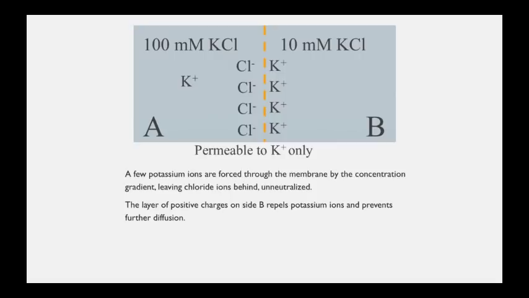These unneutralized chloride ions is where the electrical gradient is created. The layer of positive charges on side B repels the potassium ions and prevents further diffusion. This is where the equilibrium potential is reached.